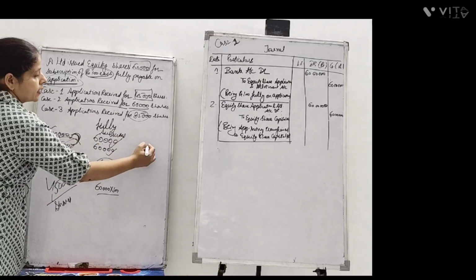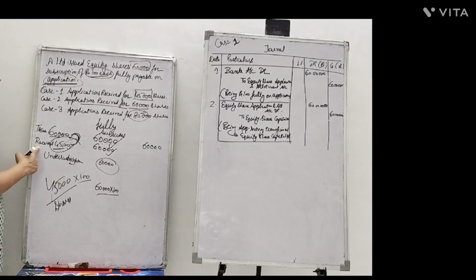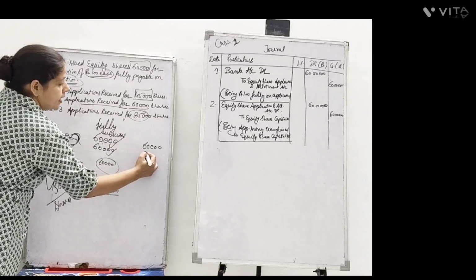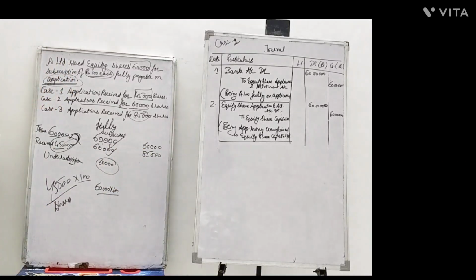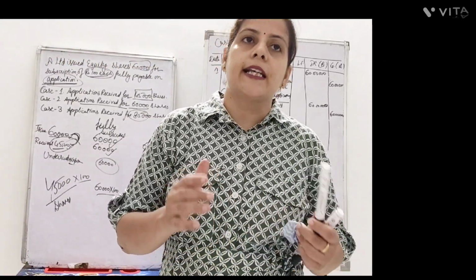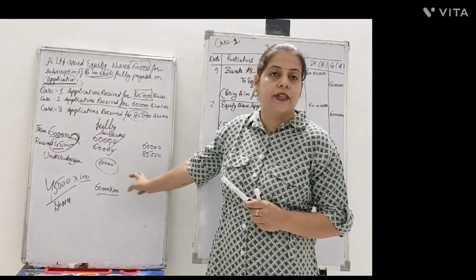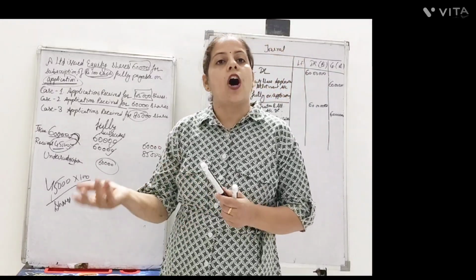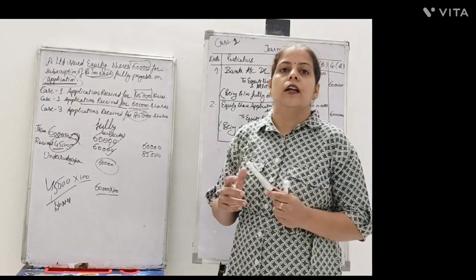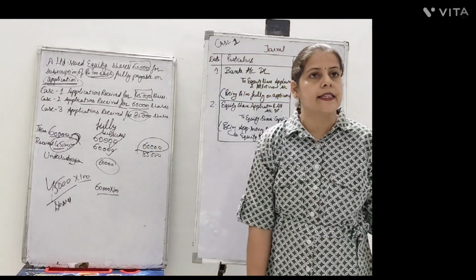Actually the company issued 60,000 shares, but applications were received for how many shares? 85,000 shares. Now suppose a college has 600 seats and applications are received for 850 seats, then how many seats can a college allot? A maximum of 600 seats, right?